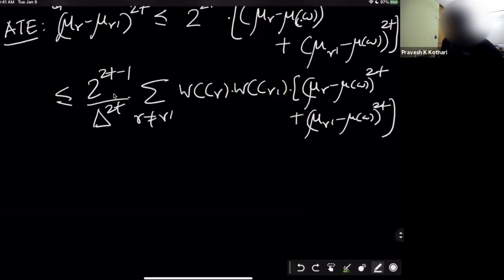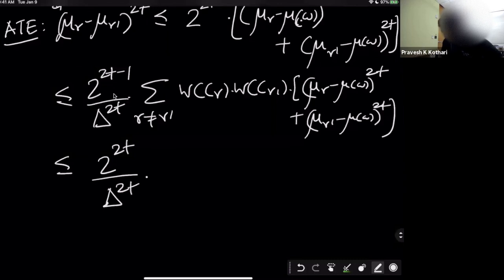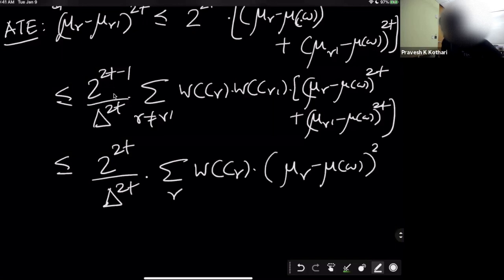A similar reasoning I can apply to the second term, which does not depend on r. So I gather a factor 2, which I absorb in this multiplier outside, and write this as at most w(C r) times mu r minus mu w to the 2t. Agree? My whole proof is going to be just some simple manipulations like this, okay? We can discuss why it works right after I do the proof, but I want to first do it. Good?